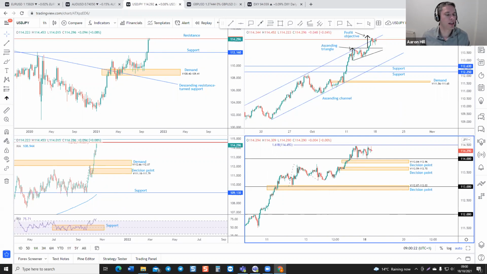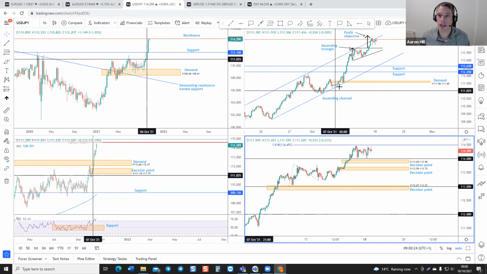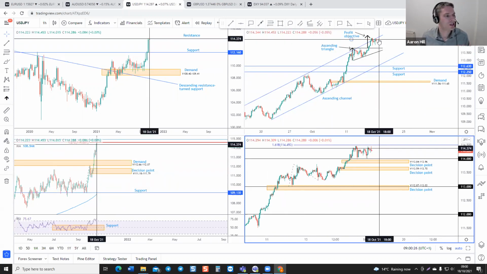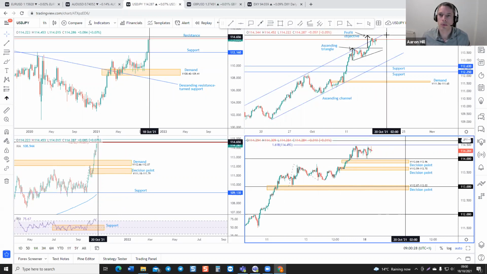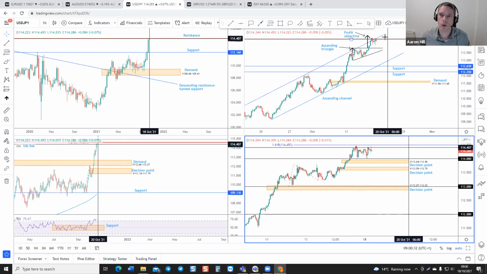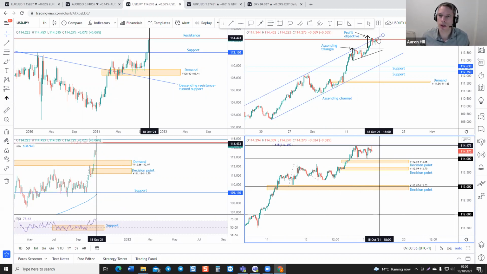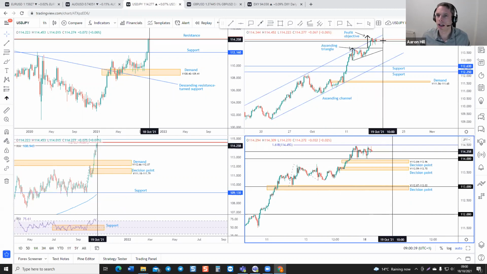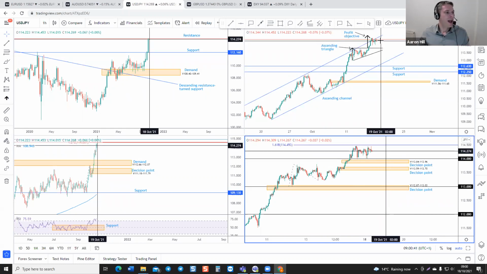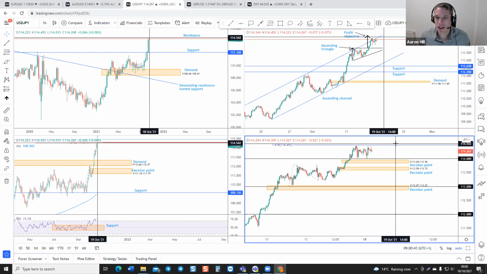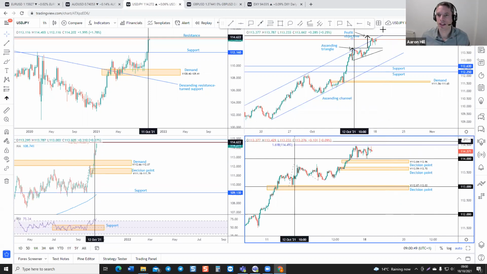Between the H4 ascending triangle profit objective at 114.63, the H4 channel resistance at around 114.38, and the H1 Fibonacci projection at 114.49, we have some short-term resistance to work with.